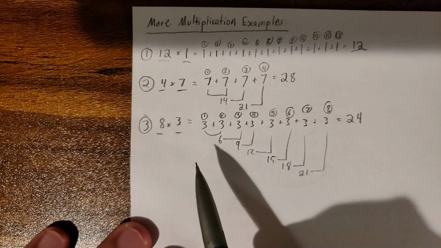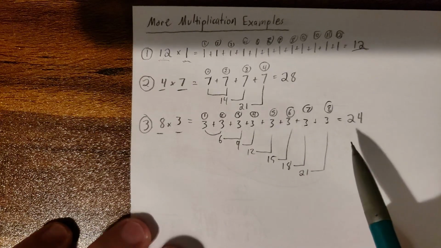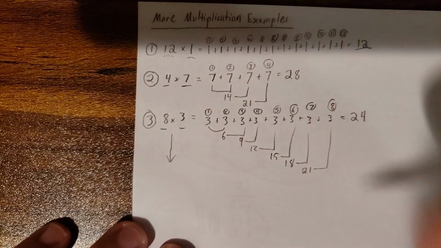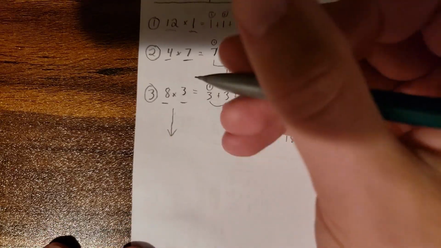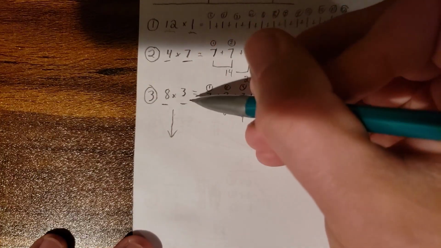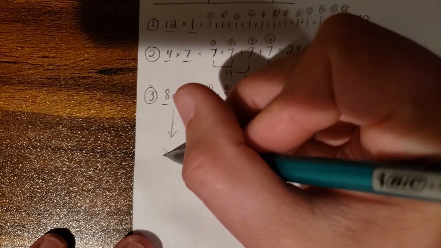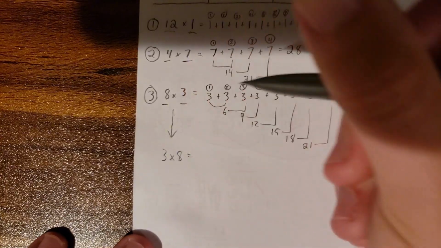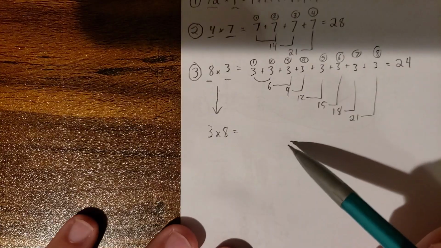Now we could have done this a lot faster by just switching the order of our numbers. So we'll do that real quick. Instead of saying 8 times 3, we're going to switch it. We're going to say 3 times 8. Now, we talked a little bit about this last time.